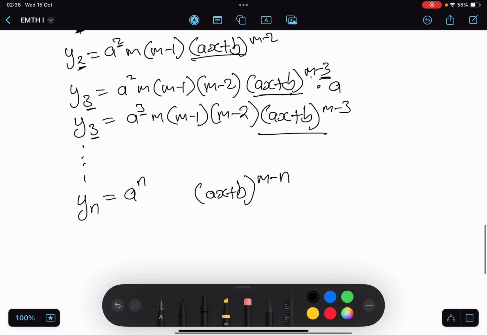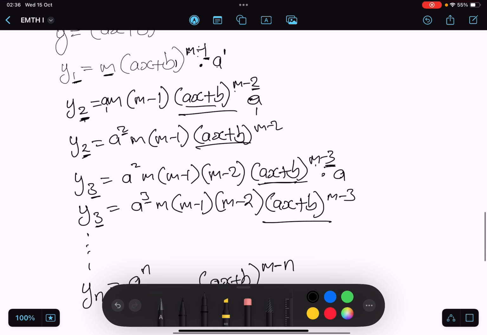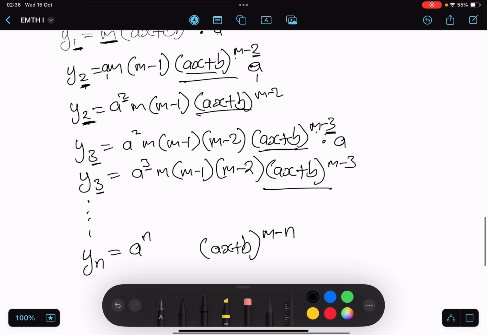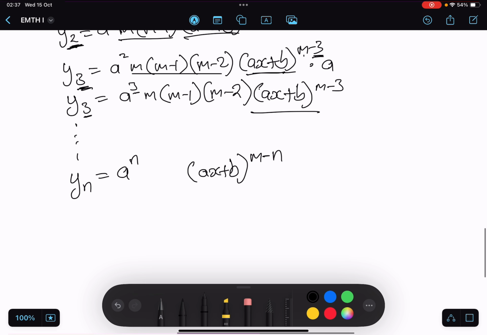And then now we are looking at this term. For the first derivative, we just have m. For the second derivative, we have m minus 1. For the third derivative, we have m minus 1, m minus 2.